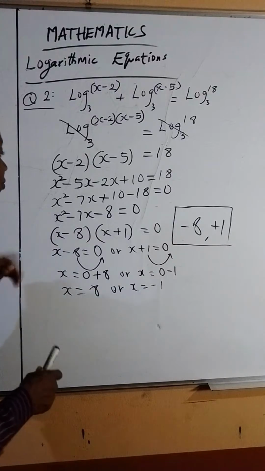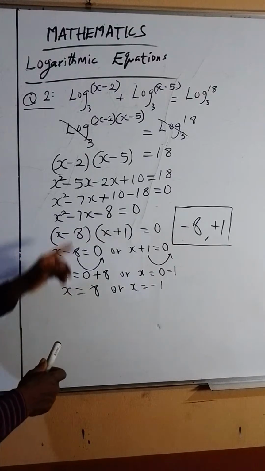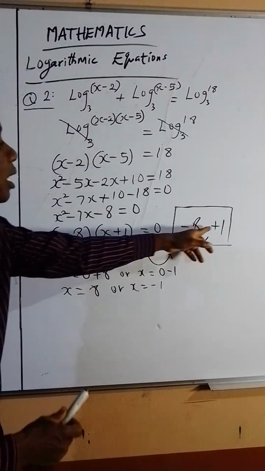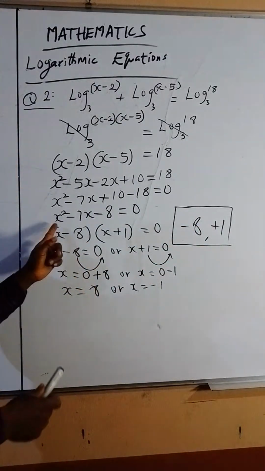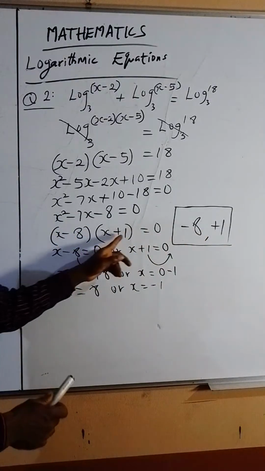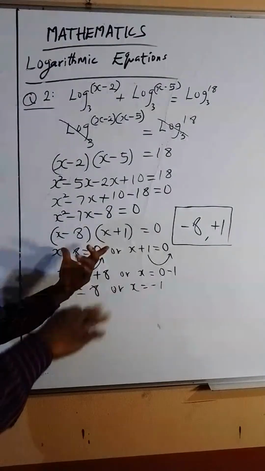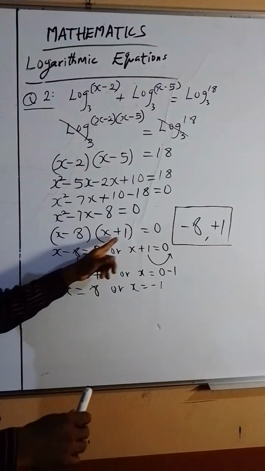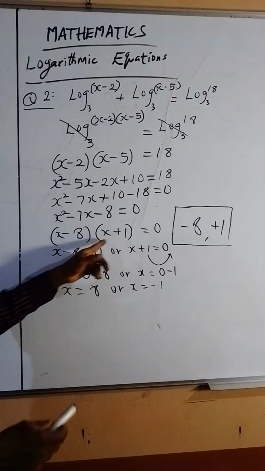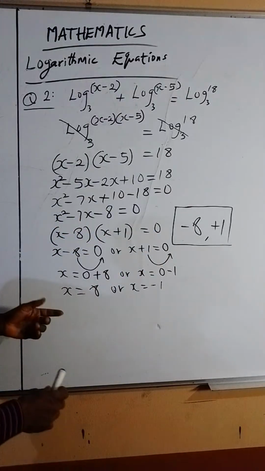It is actually very simple. The two numbers are minus 8 and plus 1. So bring down the variable and just bring in this minus 8 and plus 1 here. There's no need going through that long journey. Once you get it, just bring it right here. This is a shortcut for factorization, and equate it to 0.